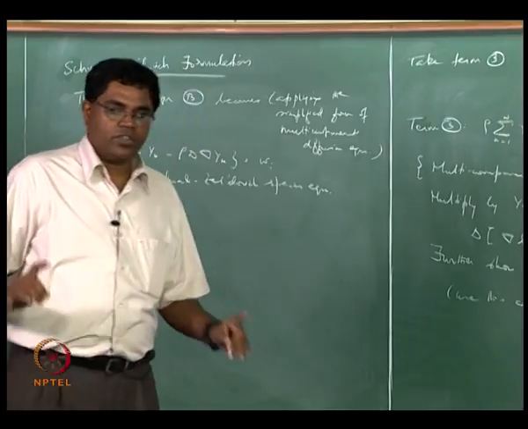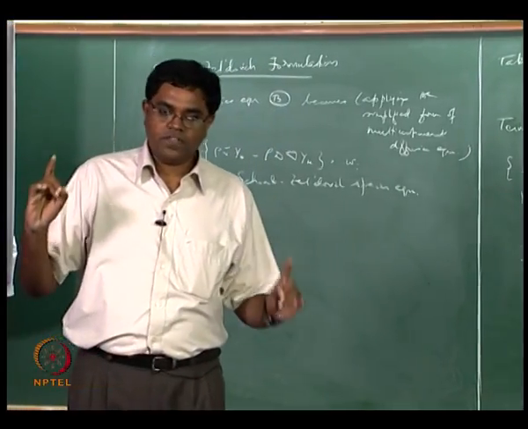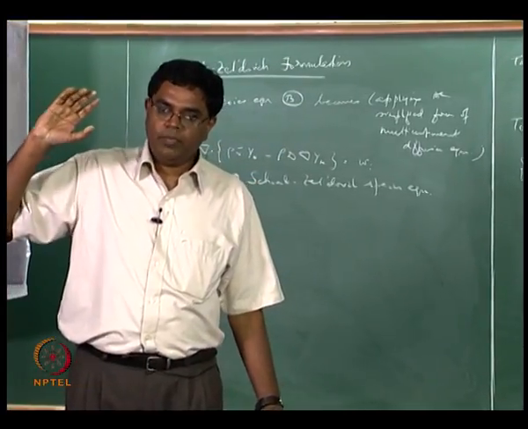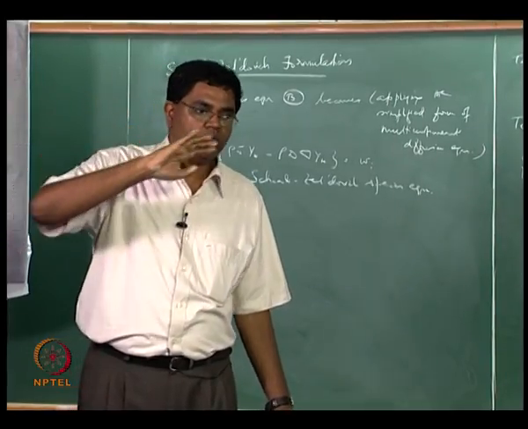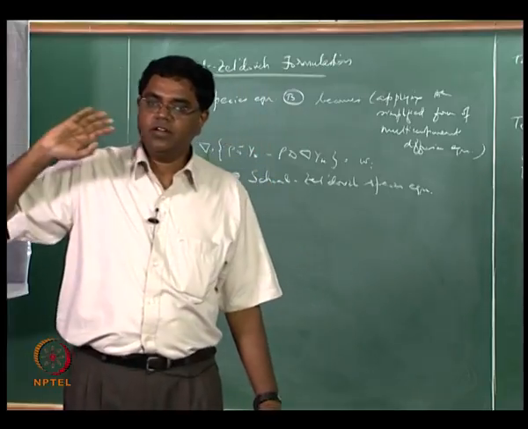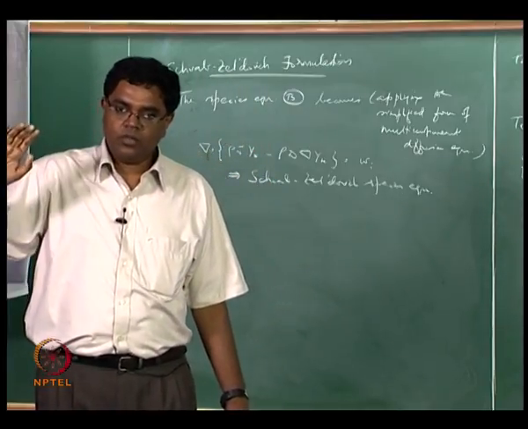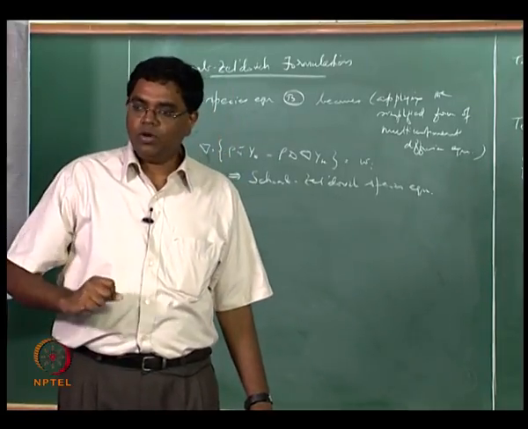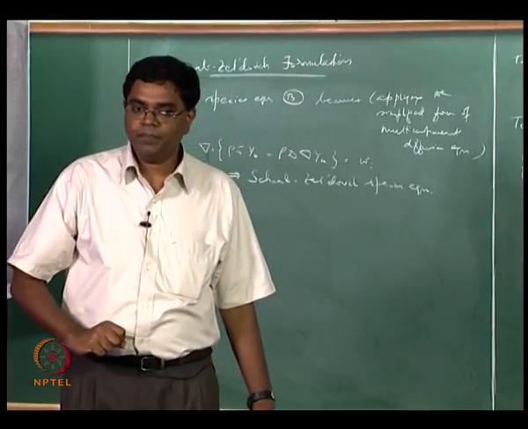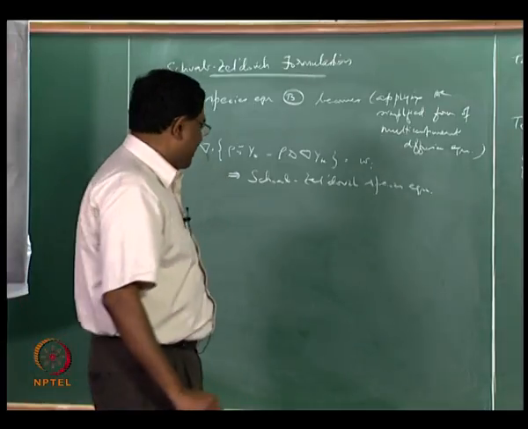But what was our original goal? Our original goal was we wanted an operator script L of alpha k equal to omega and operator script L of alpha t equal to omega. That means we wanted the right hand sides to be the same, but that's not the case.